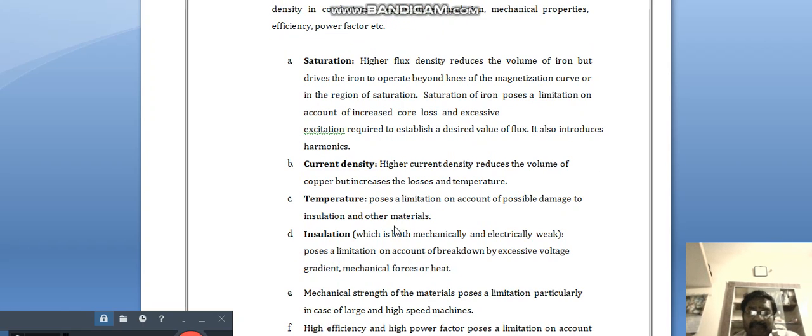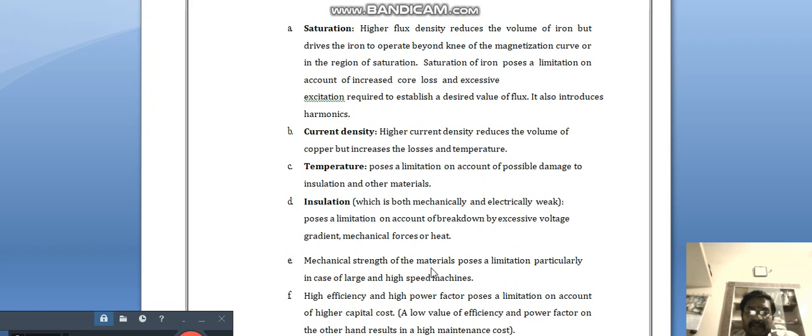Mechanical strength of the material imposes limitations, particularly in case of large and high speed machines. The machine should have the strength: when the motors or generators rotate, they produce more vibrations.